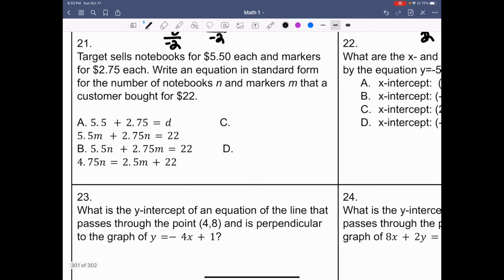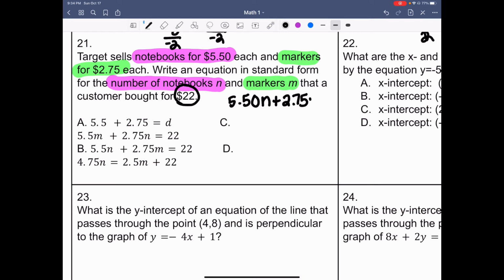All right, for number 21, it says Target sells notebooks. So we have notebooks for $5.50 and we have markers for $2.75. They then tell us that they want us to write a standard form equation. So the notebooks is N and the markers are M, and they want us to have a total of $22. All right, so we have $5.50 for the notebooks plus $2.75 for the markers, and we need a total of $22.